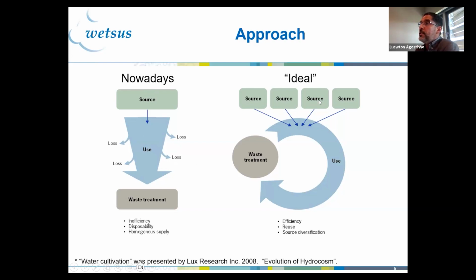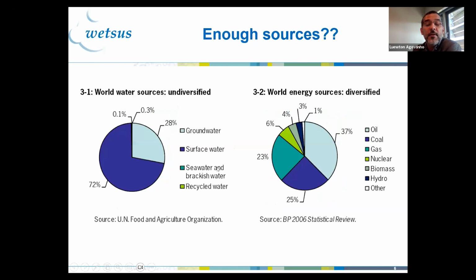Diversifying our sources means that we have to get out a little bit of our bimodal matrix, which is basically surface water and groundwater, to serve water, and we have to exploit other sources. So desalination enters in the source diversification, because as you can see, 98 to 99% of our sources are still based on groundwater and surface water.